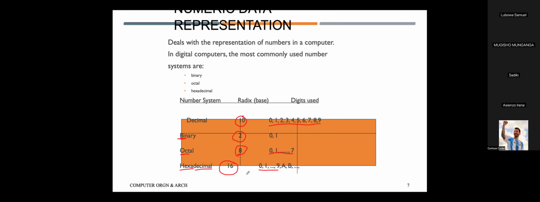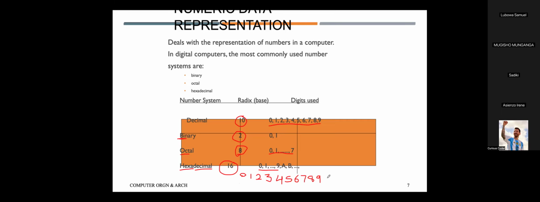So in this case we are going to have 0, 1, 2, 3, 4, 5, 6, 7, 8, 9. These are already the decimal places with the 10 positions.